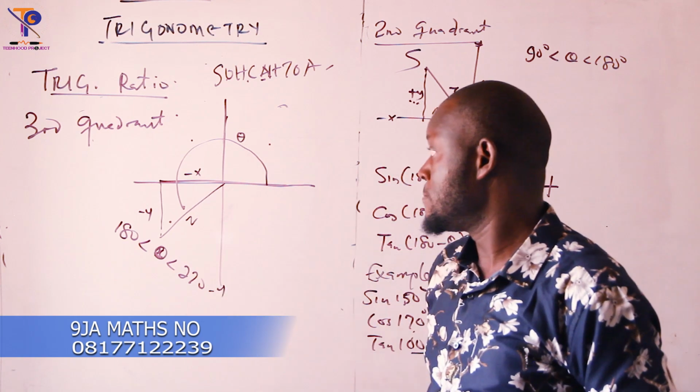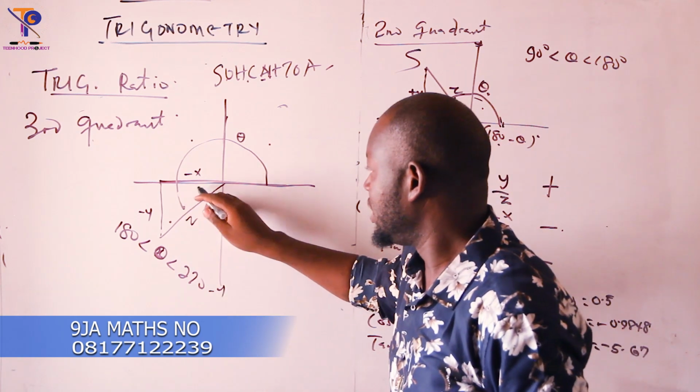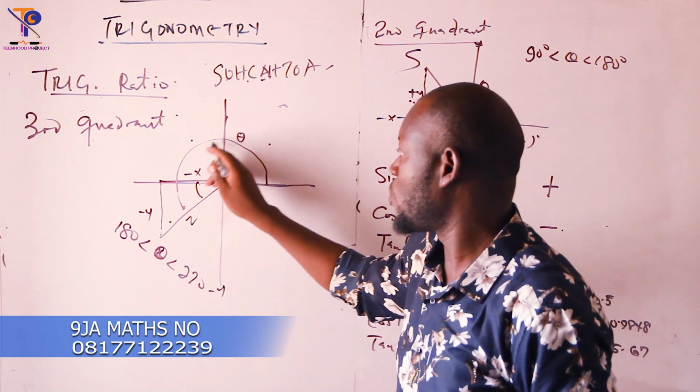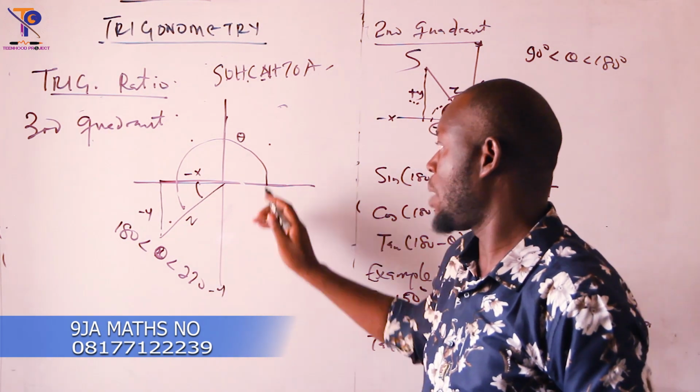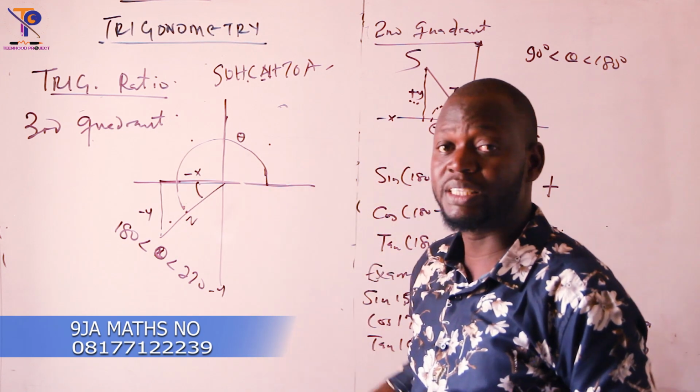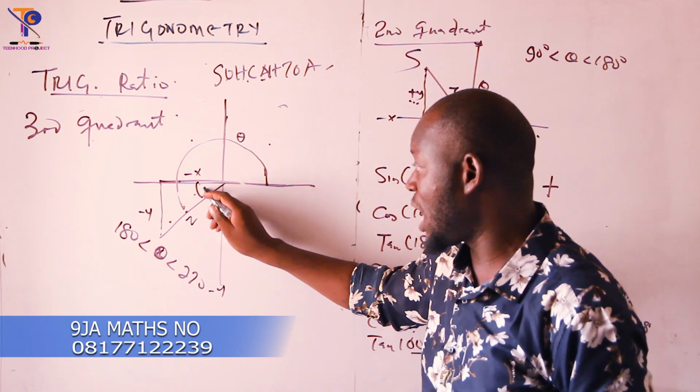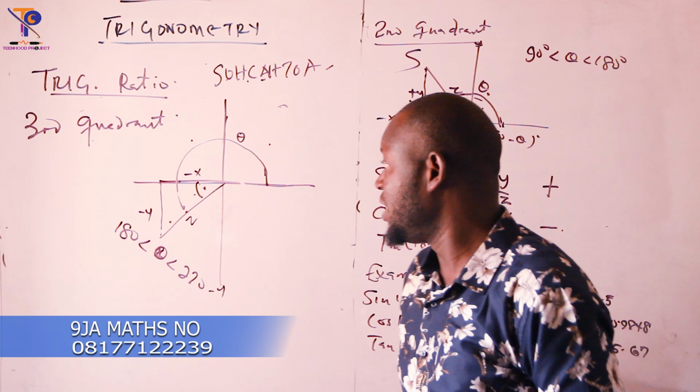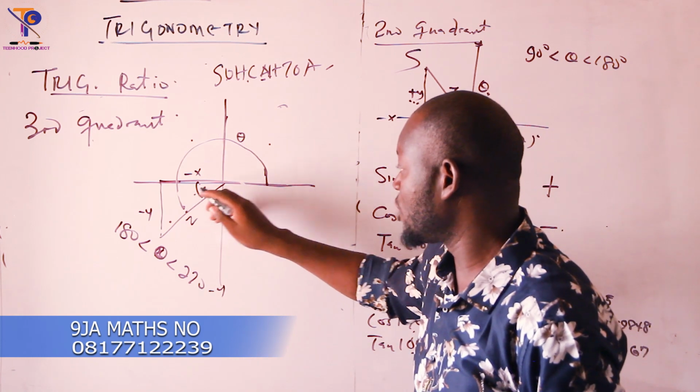So from here, what will this angle be if this one is 180? If this one is the theta, and don't forget from here to here is 180, what will this angle be? I feel it's when you add this angle.